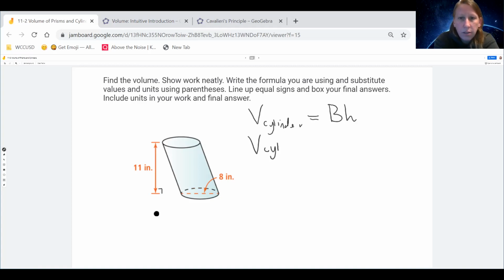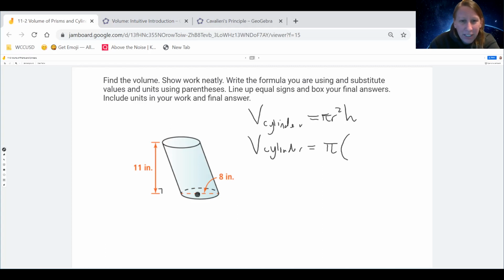So I'm still going to do, you know what? I'm going to be lazy. I'm going to do pi r squared h. Okay, so the volume of this cylinder is pi times, oh, what did they give us? They almost tricked me. They gave us the diameter.